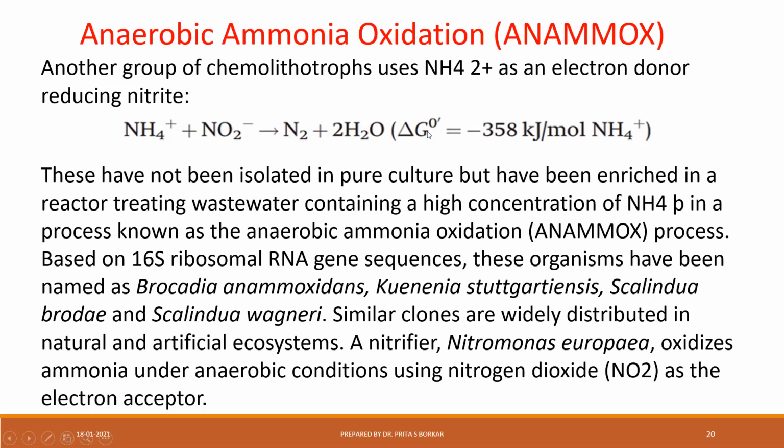So the free Gibbs energy is minus 358 kilojoules per mole of ammonia. So this particular reaction is taking place in the chemolithotrophs.